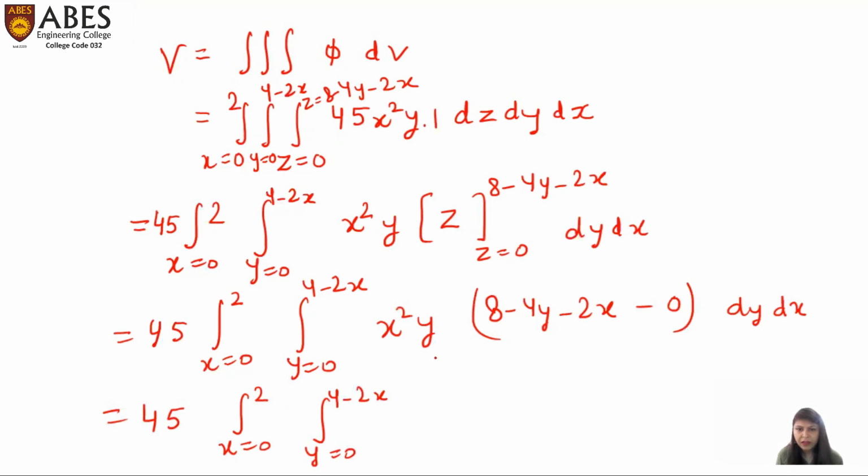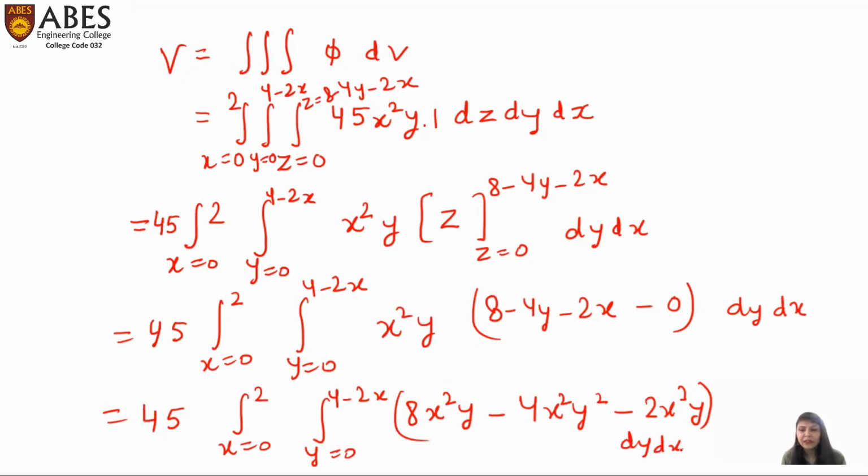So when we multiply this, we will get 8x square y minus 4x square y square minus 2x cube y into dy dx. The next step will be to do the integration with respect to y.